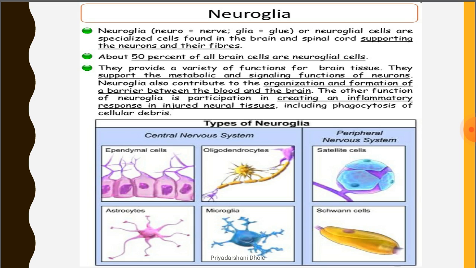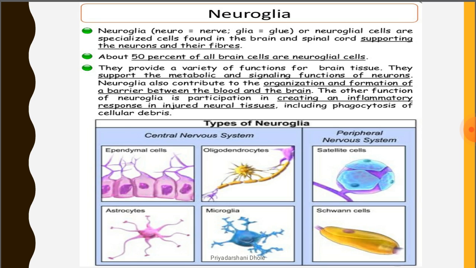They support the metabolic and signaling functions of neurons, and these neuroglia also contribute to the organization and formation of barriers between the blood and the brain. The other function of neuroglia is participation in creating an inflammatory response in injured neural tissues, including phagocytosis of cellular debris.